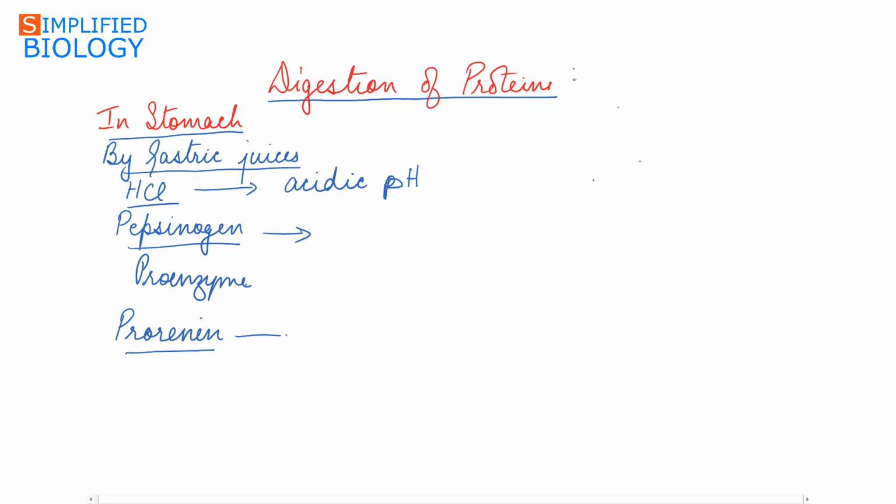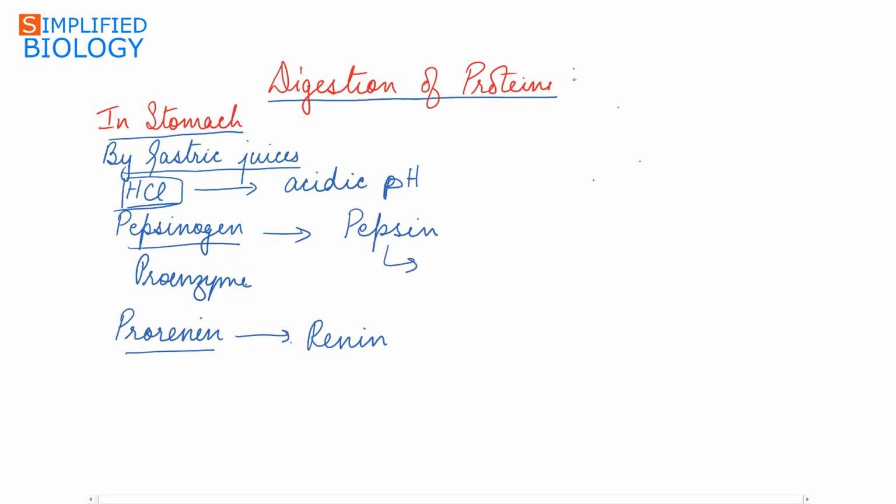Pepsinogen and prorenin are converted into the active form by the help of HCl. Pepsinogen is converted into pepsin and prorenin is converted into renin.